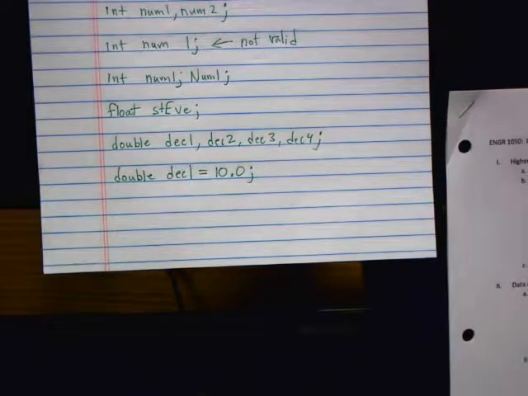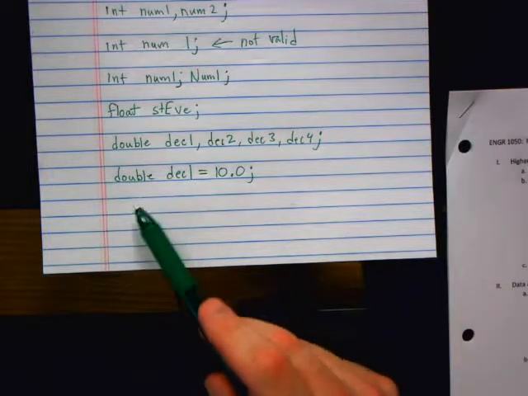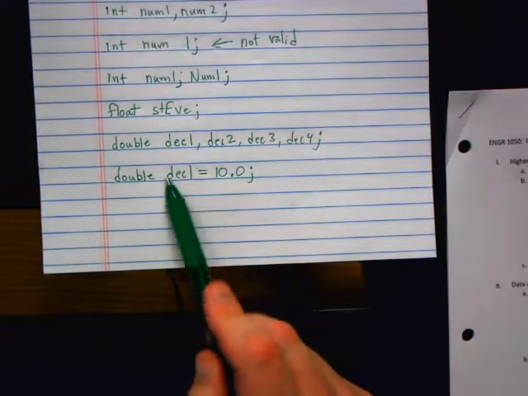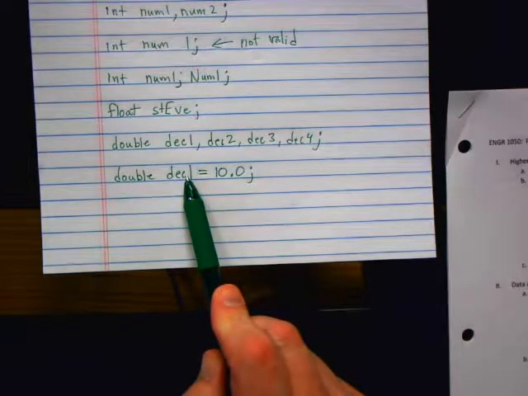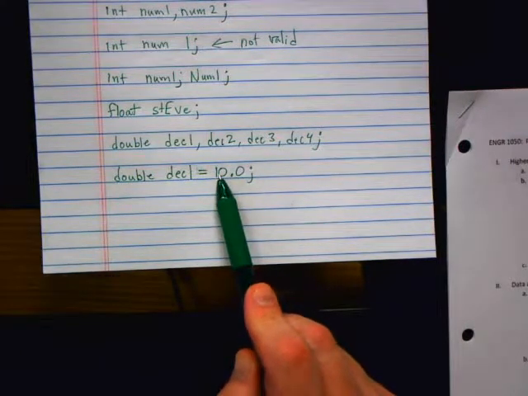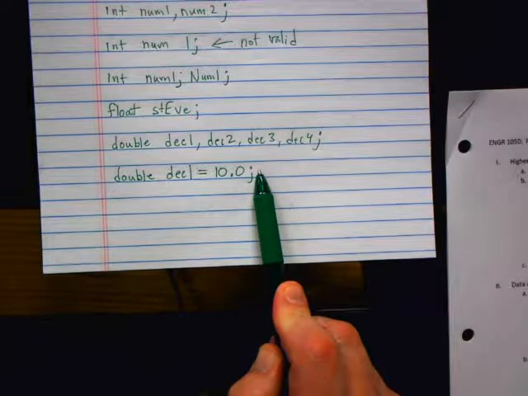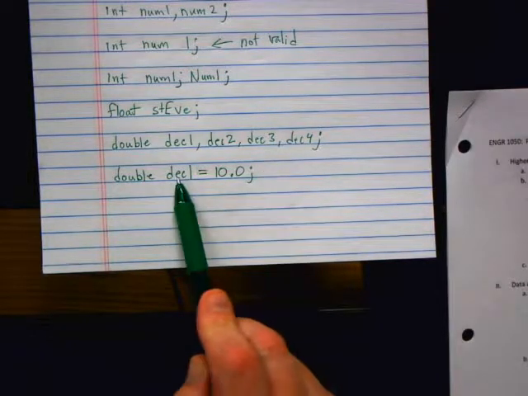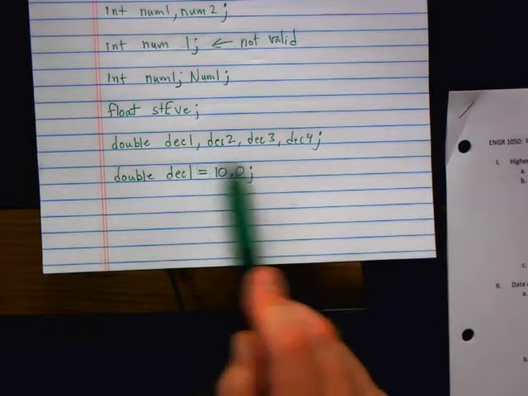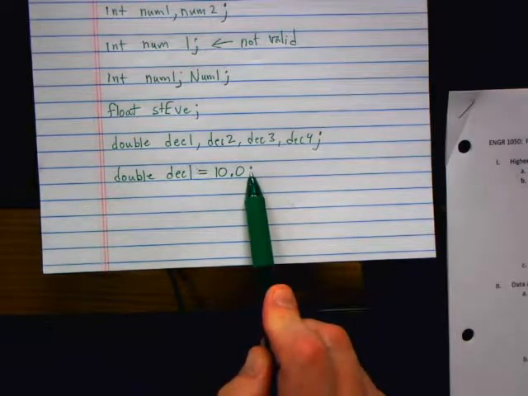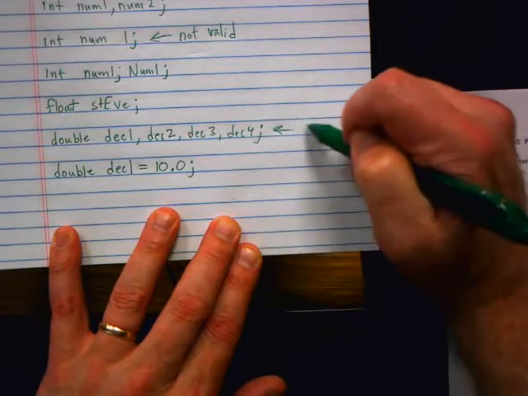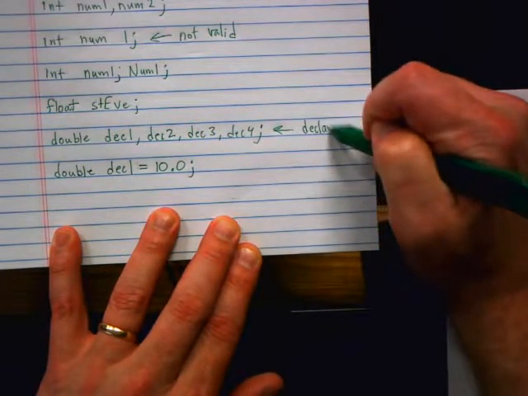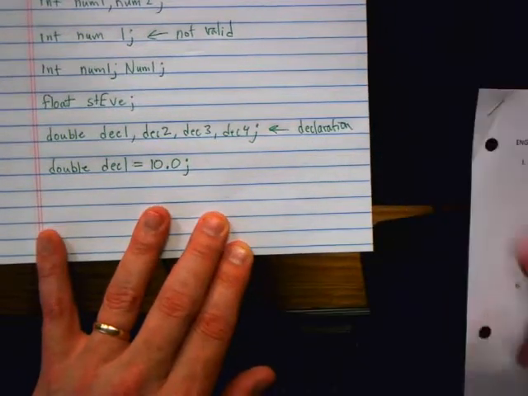So this is going to do two things. A line like this will tell the computer, save some memory location, call it decimal 1, and at the same time plug in 10.0 into that memory spot. So sometimes you want to define variables, and this is called initialize them at the same time. So this sort of line up here, this is called a declaration, where we declare our variables.